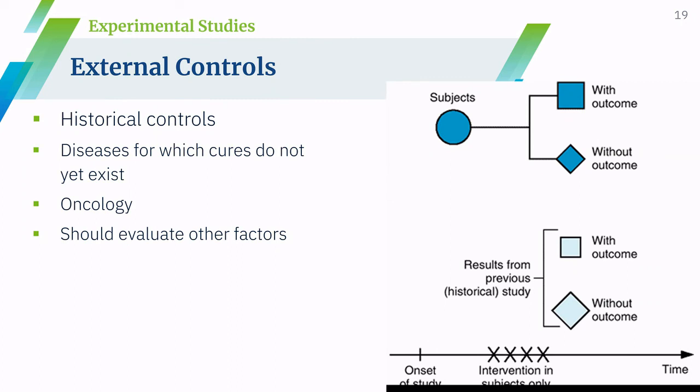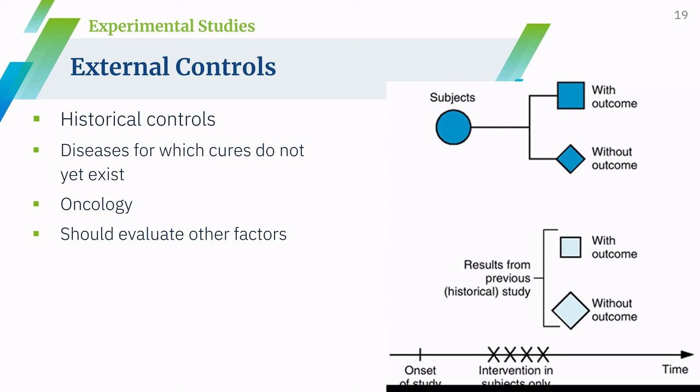The third method for controlling experiments is to use controls external to the study. Sometimes, the result of another investigator's research is used as a comparison. On other occasions, the controls are patients the investigator has previously treated in another manner, called historical controls. The study design is illustrated in the figure.